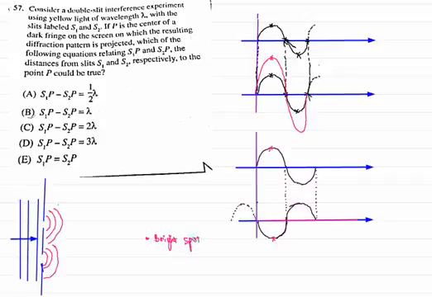Now, if this travels a certain distance, when it reaches the screen, we haven't considered the screen yet. Let's say this is the screen.